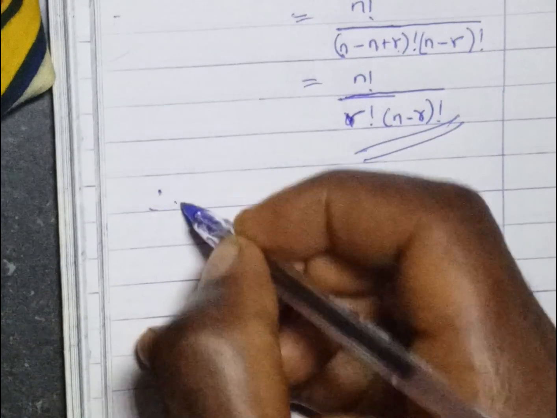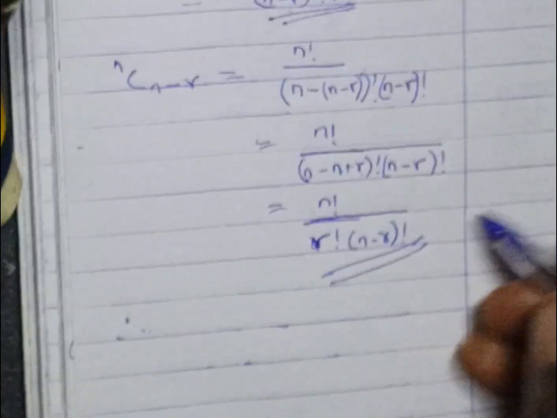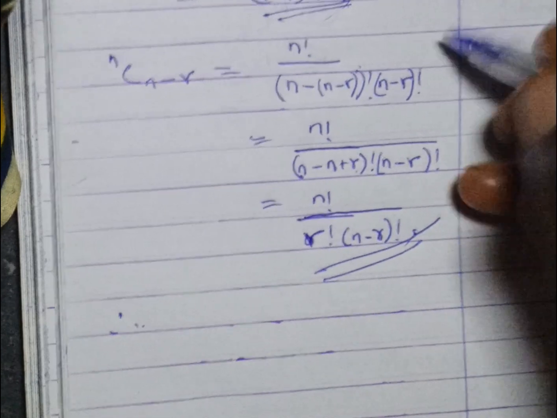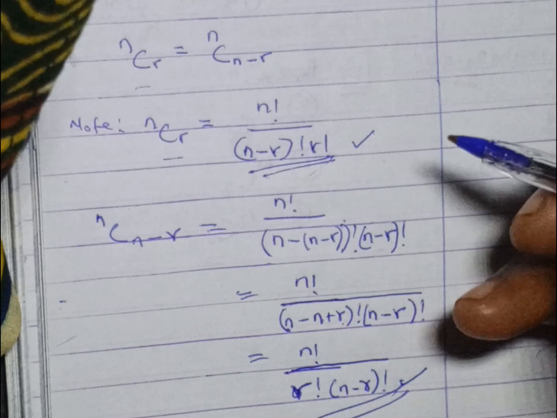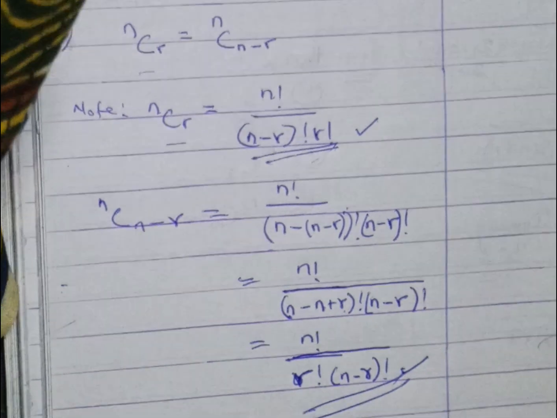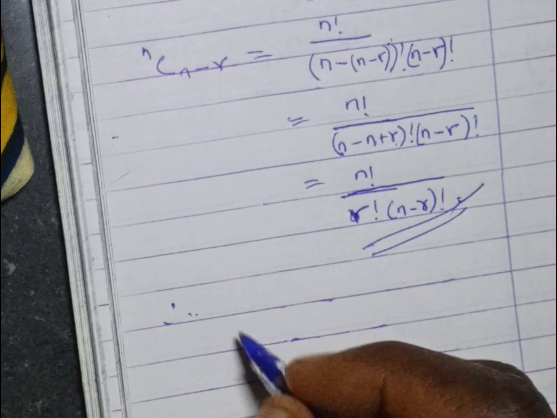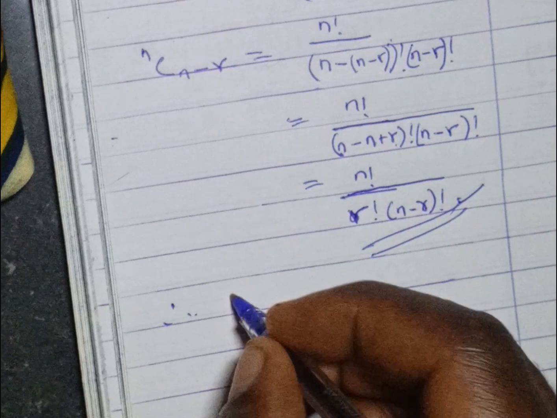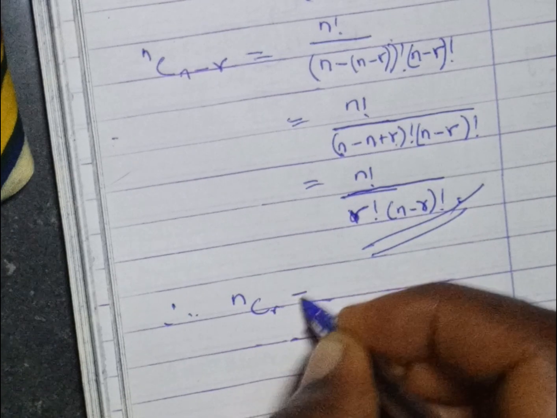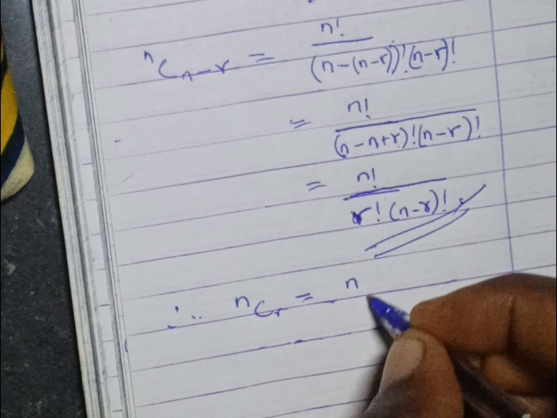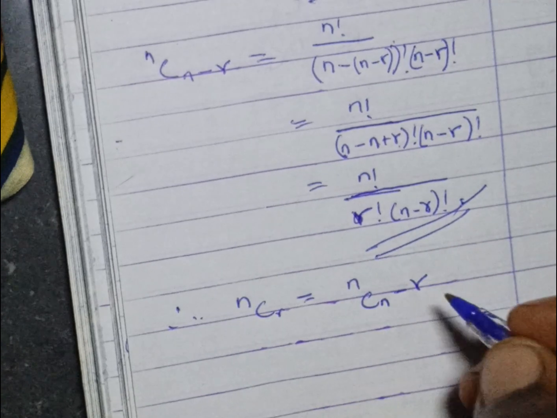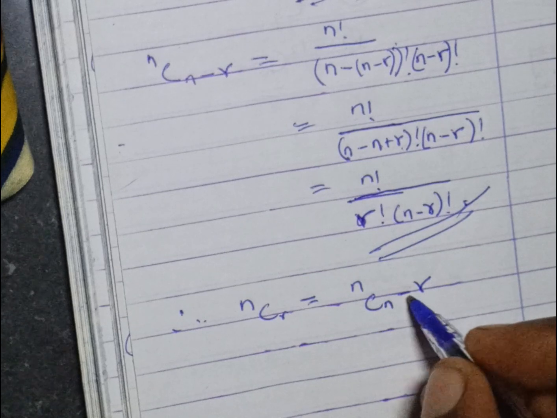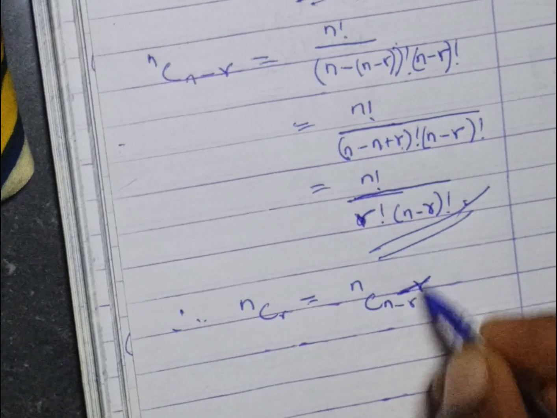Therefore, since this is the same as this, you have that nCr is equal to nC(n minus r).